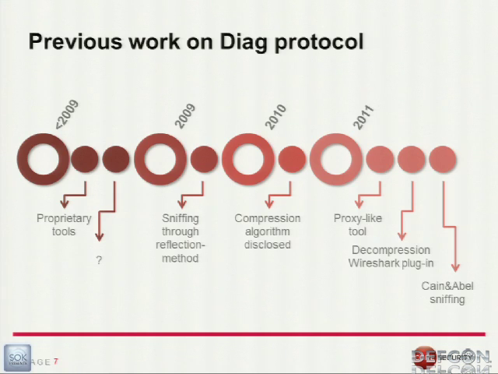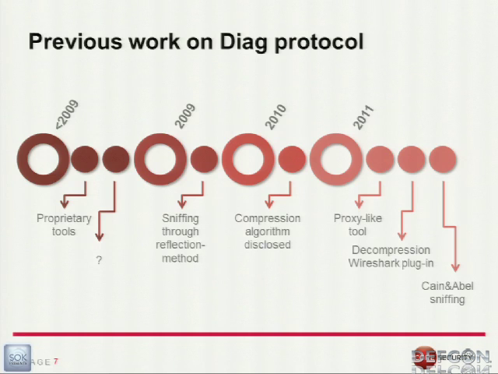So in 2010, Denis Yurichev published in his blog an article where he found that the compression algorithm being used in the protocol is the same compression algorithm used in the MaxDB open source product. So MaxDB is an open source database.